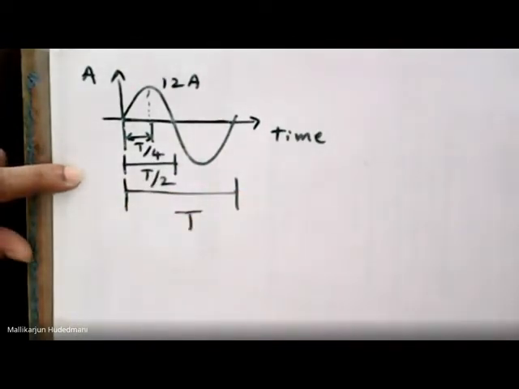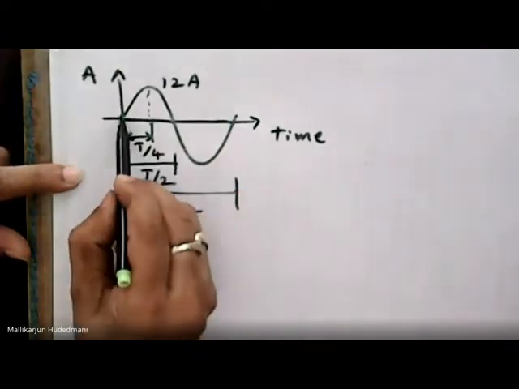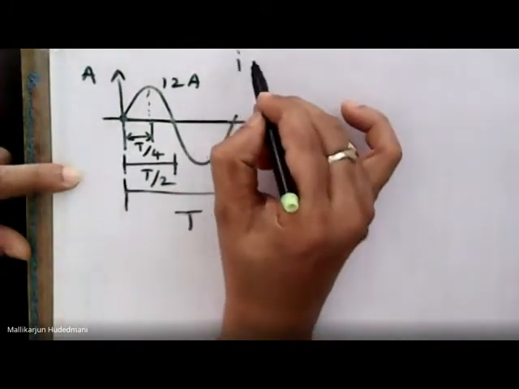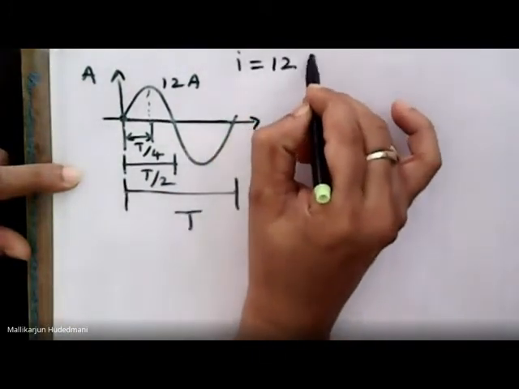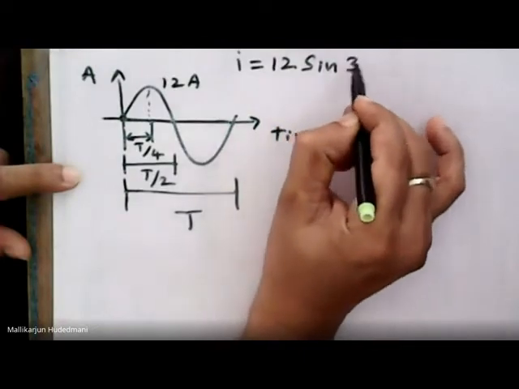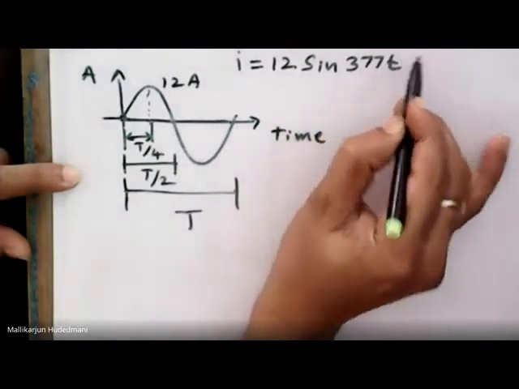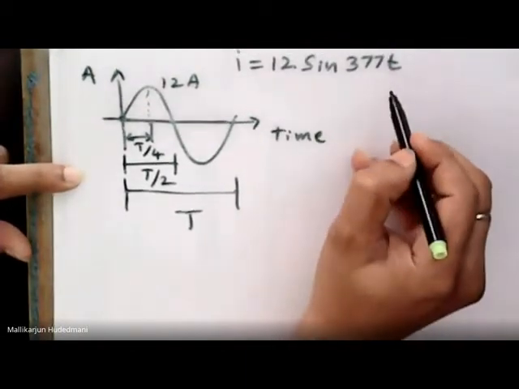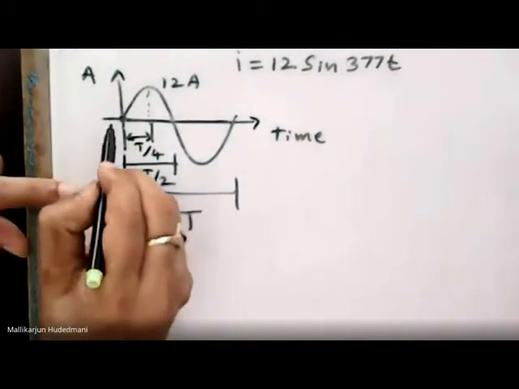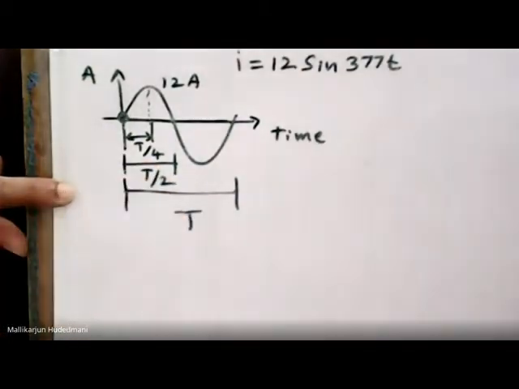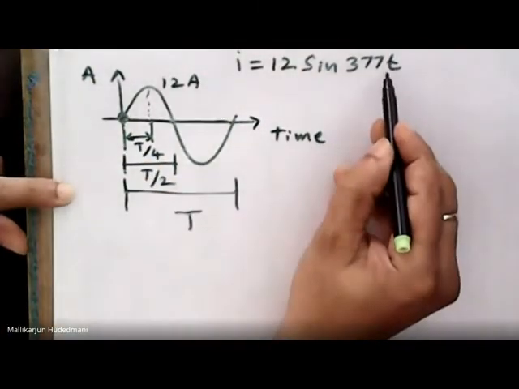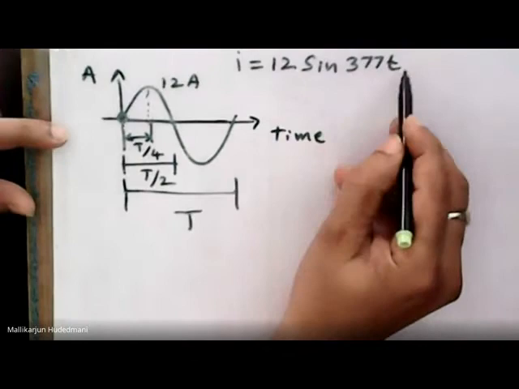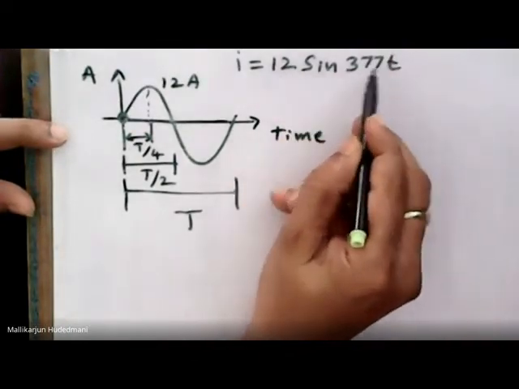Quarter cycle. So in this progressing wave, what was the wave expression? I equal to 12 sine 377t was the expression. I remember it. Correct? When I put the value of t equal to 0, it will represent this point. And when this whole answer gets me 12, what should be the sine total value?